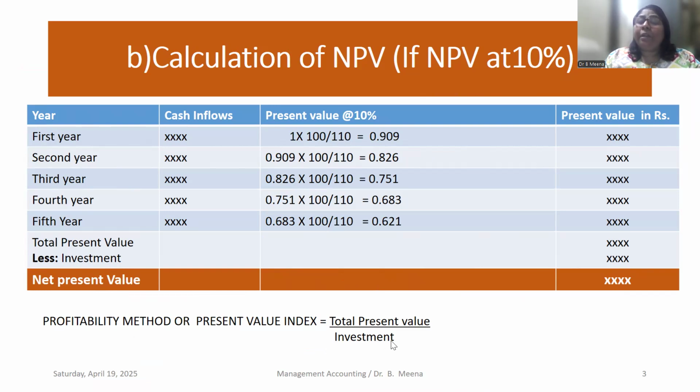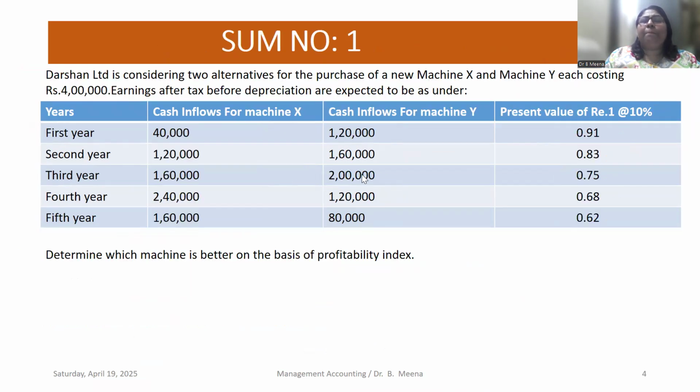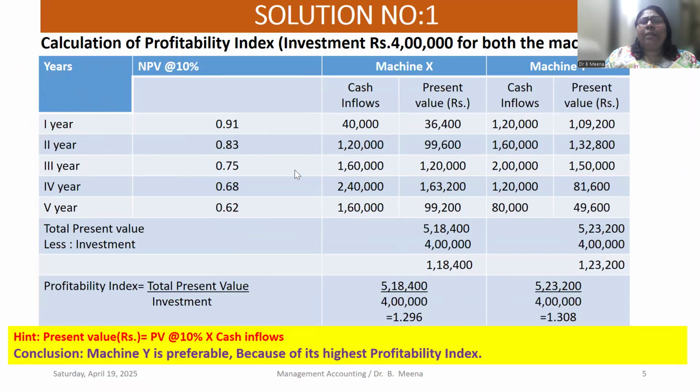No need to calculate net present value also. Just calculate total present value divided by investment. That tells you the present value index or profitability index. You may get this kind of question: compare the index values of both machines and conclude like this. So this is all about how to work out the profitability index method.